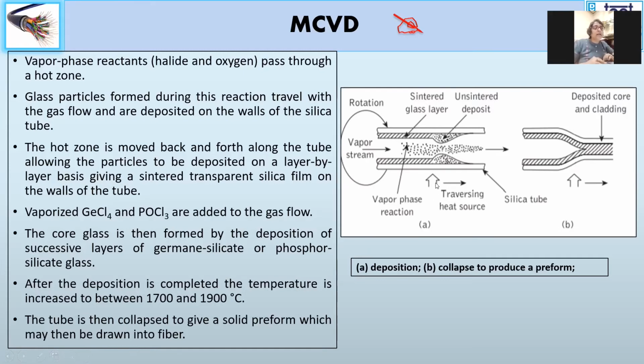There is a heater, a traversing heat source, which is continuously moving back and forth to heat the surface where the soot, that is the vapors, are getting deposited. So these vapors that are getting inserted into the fiber as per the required profile get deposited on the walls of the glass tube.